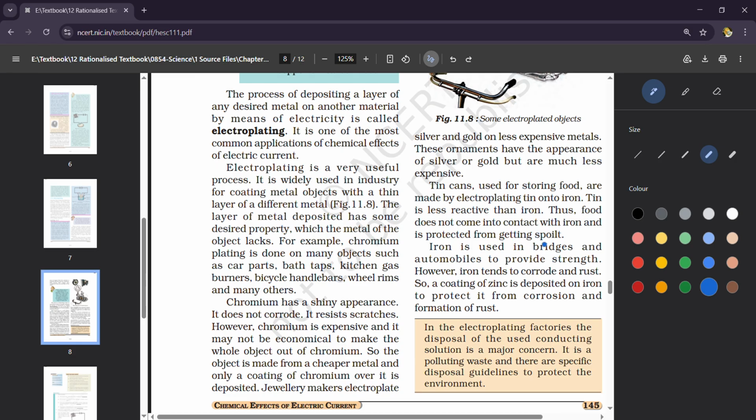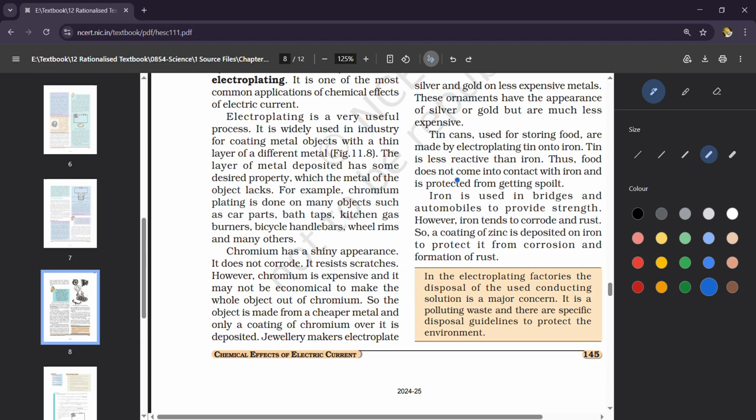So first the cans are made of iron, then the tin is electroplated so that the cans do not harm the food.